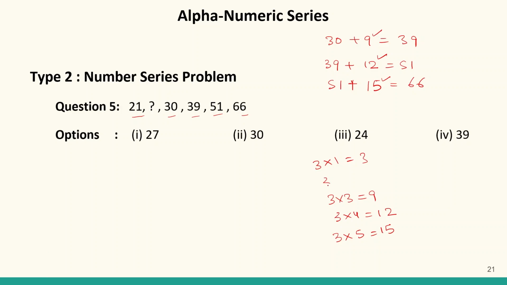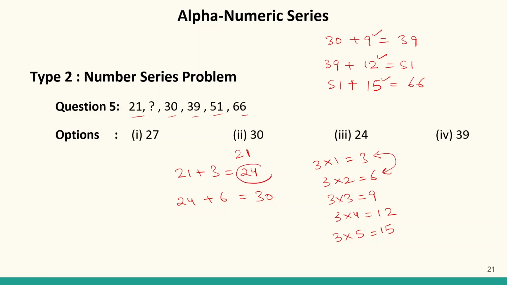Let's say these are the 2 terms that we have to add. Now if I add 3 into this, I'll get 24. And if I add 6 into this, I'll get 30. Before this, we had 21.